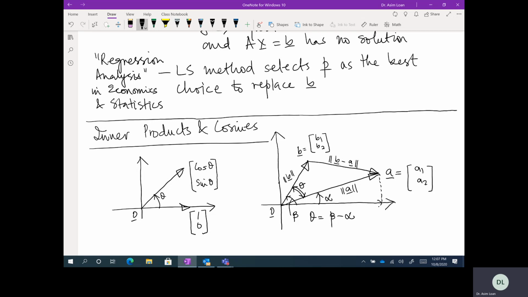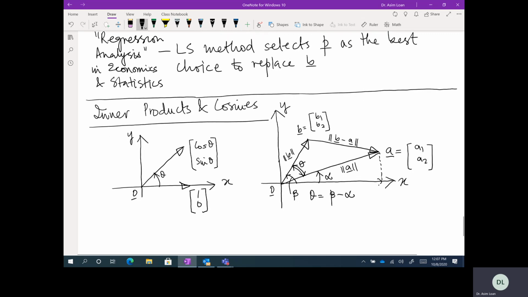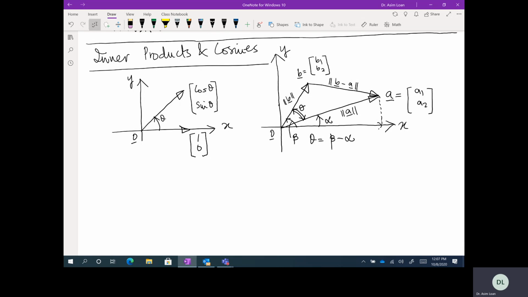Okay, I think this is all right. This is x, this is y. So let's do some geometry. What is sine alpha?